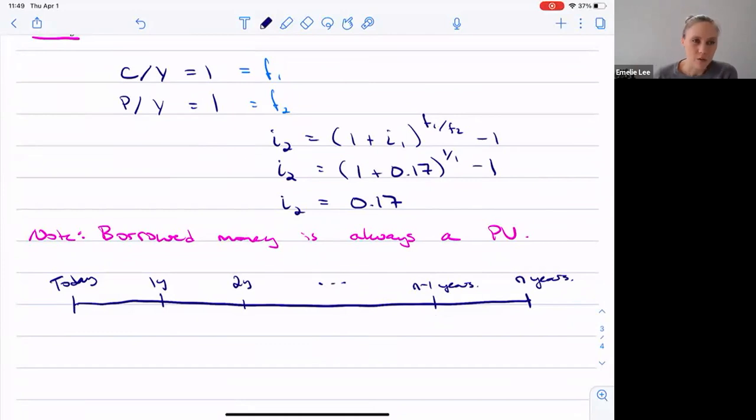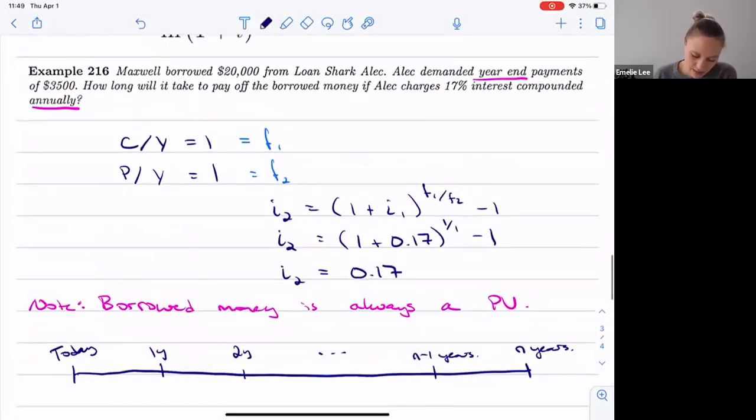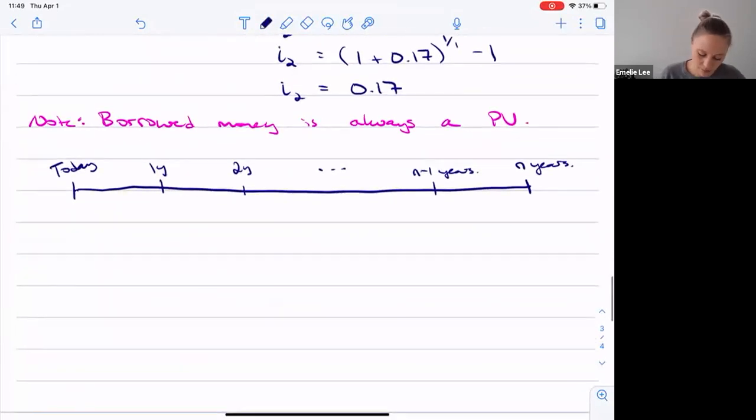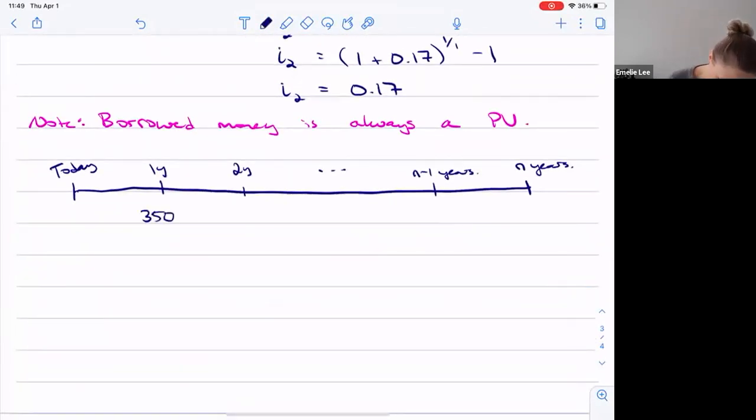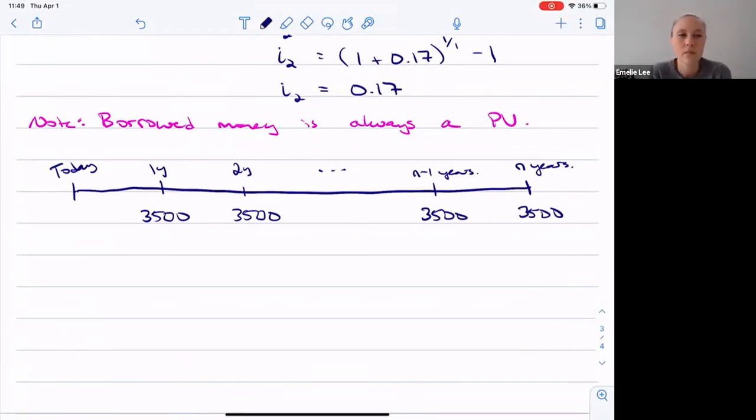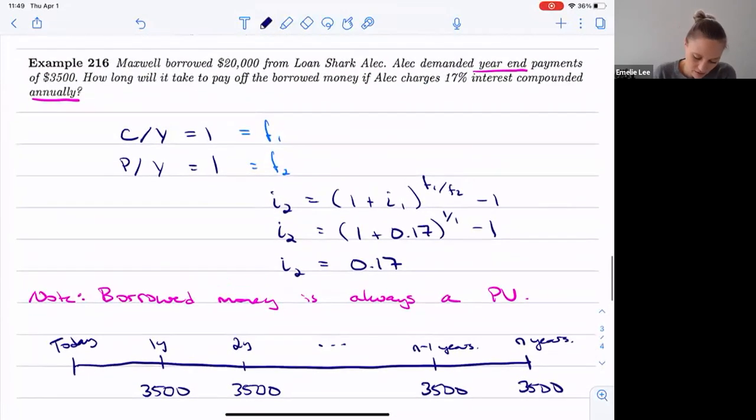Okay, so he's demanding payments of $3,500. At the end of each year, we're going to be making payments of $3,500, $3,500, and the last one. And these are all to pay off the $20,000 that he borrowed today, right?